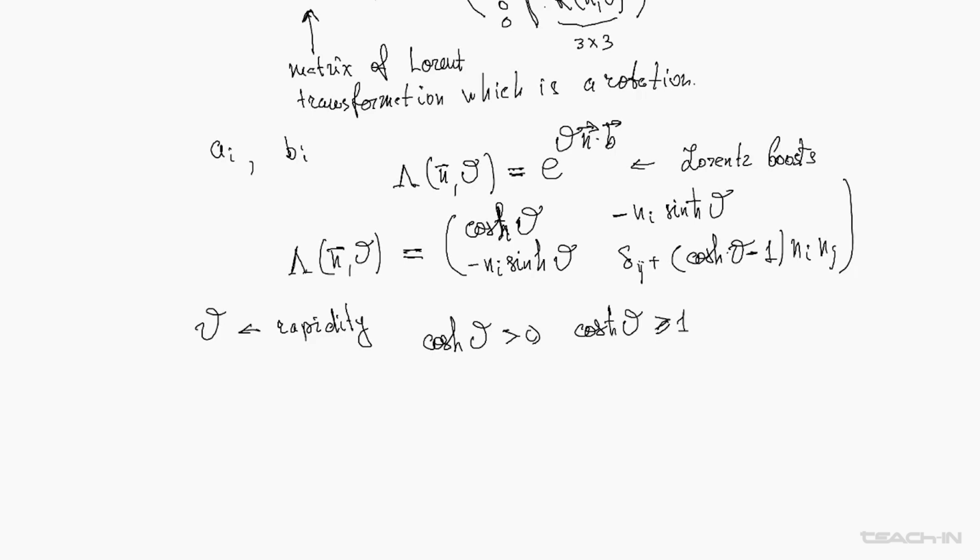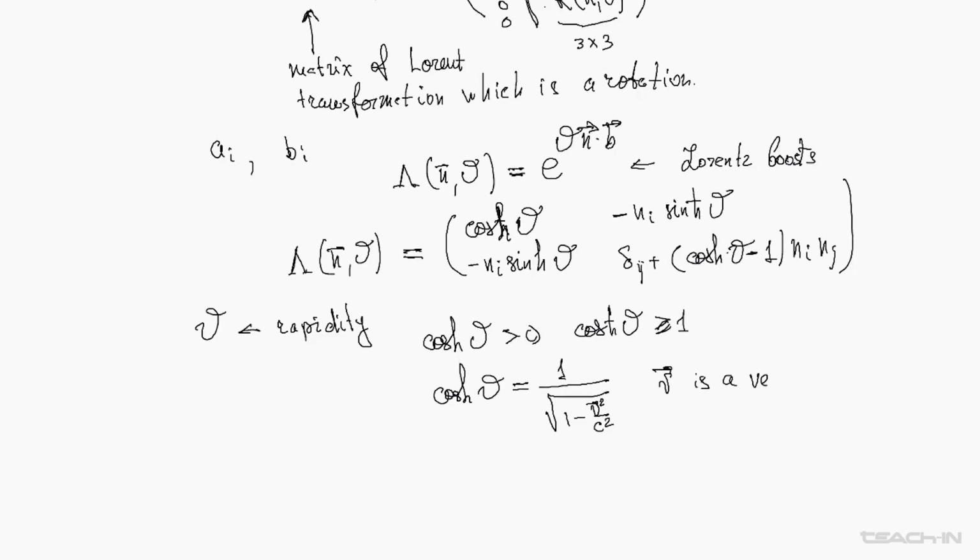For this reason, you can parameterize it in a more conventional way as cosh vartheta equal to 1 divided by the square root of 1 minus v squared divided by c squared, where v is a three-dimensional velocity vector.